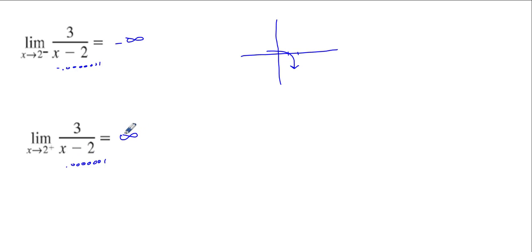Positive infinity. And we know there's going to be an asymptote here. But something formal is coming up that we're going to use to define a vertical asymptote. And guess what? It has to do with limits.